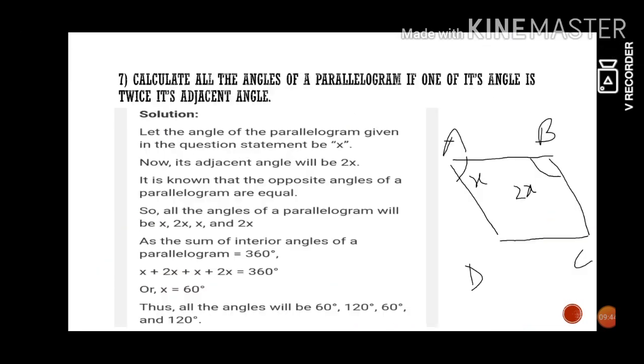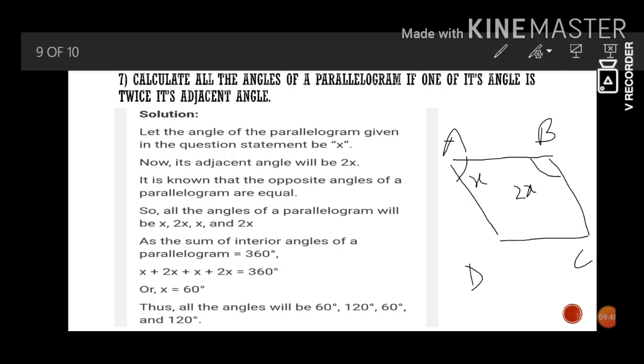Then let us move to question number 7. Calculate all the angles of a parallelogram if one of its angles is twice its adjacent angle. First of all, ABCD is a parallelogram where AB is parallel to CD and BC is parallel to AD.